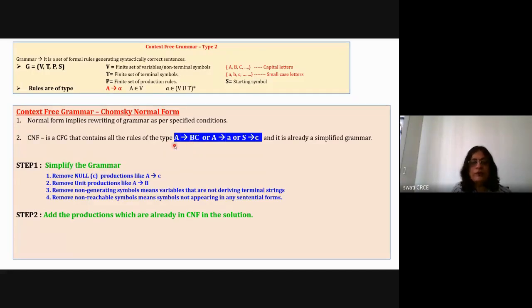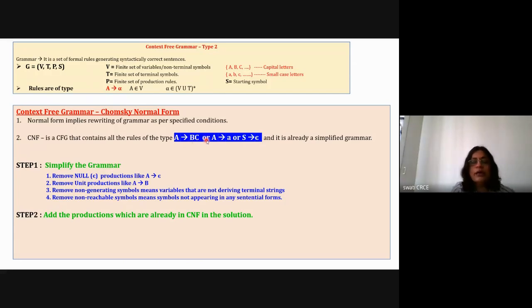In Chomsky normal form, the left hand side will be a single variable and the right hand side will be two variables if variables are there. So here it is A goes to BC. I have just given the names, for example, A, B and C, but the meaning is that the left hand side is a single variable and the right hand side is two variables. If variables are there, they are exactly two variables on the right hand side.